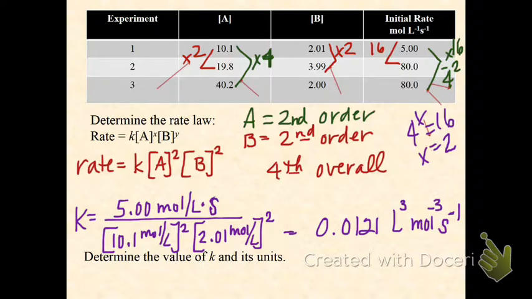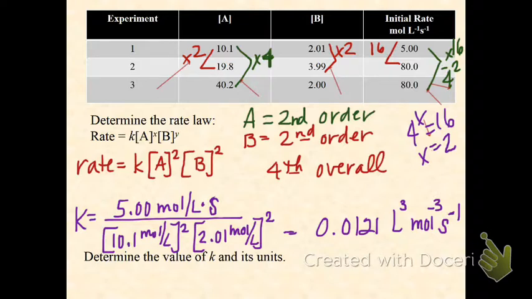Roughly half of that 16 times 4 is coming from A because we know that A is second order. So the other half of that 16 for the quadruple would be that it went up by double. That would make B second order, okay? So that's how that works.